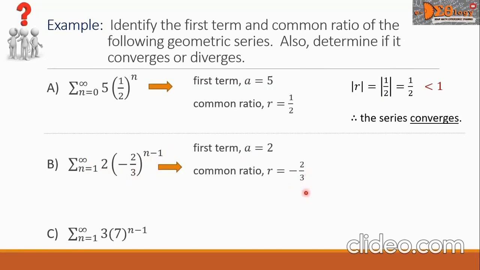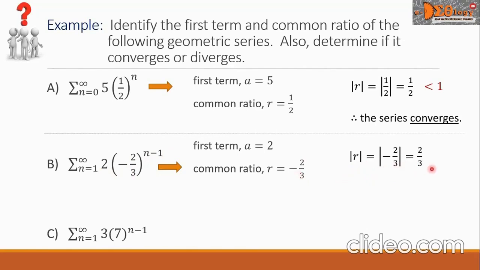To test for convergence or divergence, the absolute value of R is equal to the absolute value of negative 2/3. Simplifying this, we have positive 2/3, and this 2/3 is less than 1. So we say that the series converges.